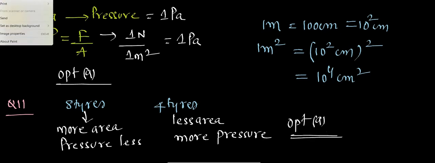Okay, go through the next question. Yeah, ma'am. In which of the following cases is the thrust on the surface more? What is thrust? It is the perpendicular force, right? Yeah, ma'am. Now, horizontal surface. First case, same mass. Second case also same mass. Third case, same mass.